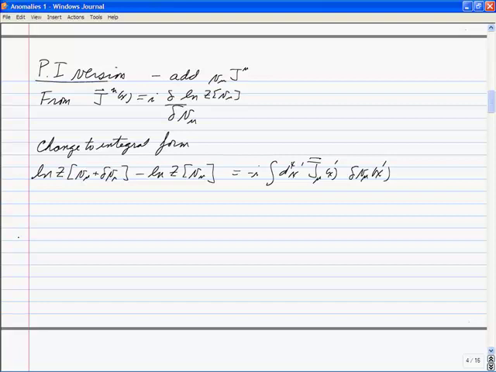Okay. This follows from the usual functional differentiation, that delta v mu of x over delta v nu of x prime is g mu nu delta 4 of x minus x prime.